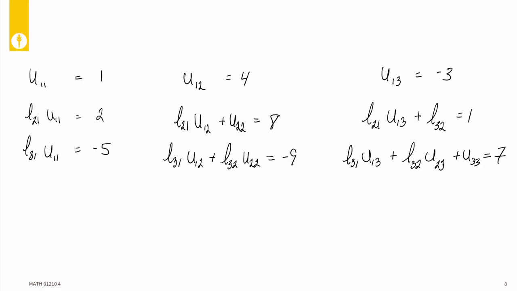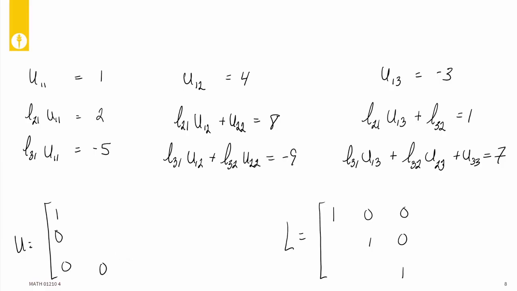Looks like U11 is going to be 1. How do I want to set it up? Should I just set up my two matrices? Yeah, something like that.